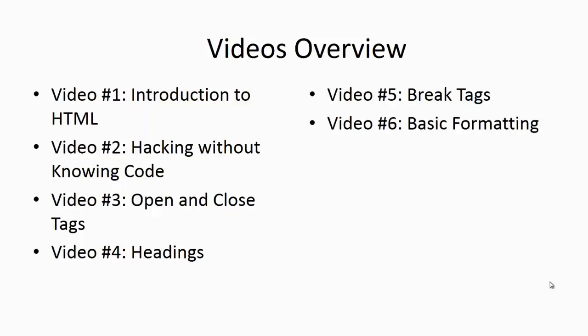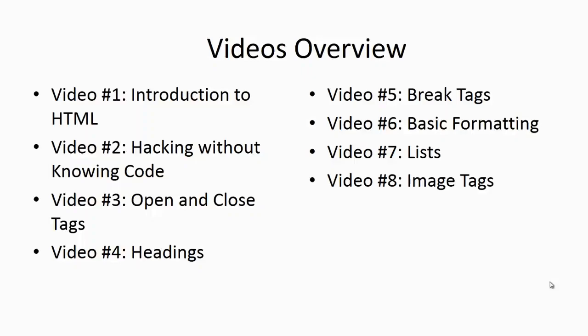In video number 6, we're going to talk about basic formatting: underlining, bolding, italicizing, things like that you are going to run into. In video number 7, we're going to talk about lists, unordered lists and ordered lists. How do you create these types of lists? Because this is something that you're going to want to do.